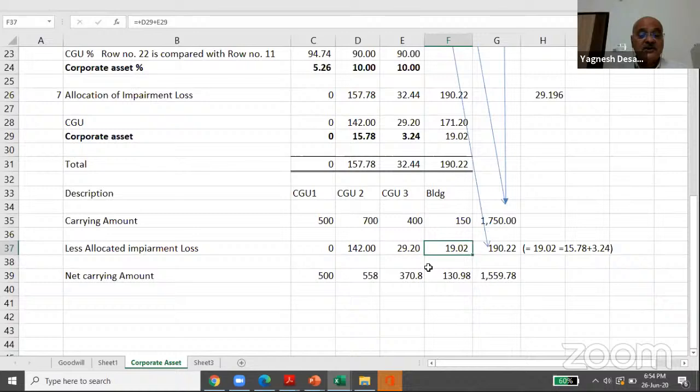So my net carrying value of CGU is 130.98, whereas here it is 400 minus 29.20. Sir, this figure here, this figure here. Okay, and the 142 figure is here.